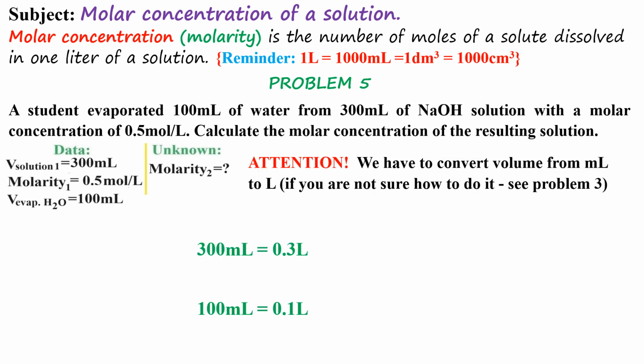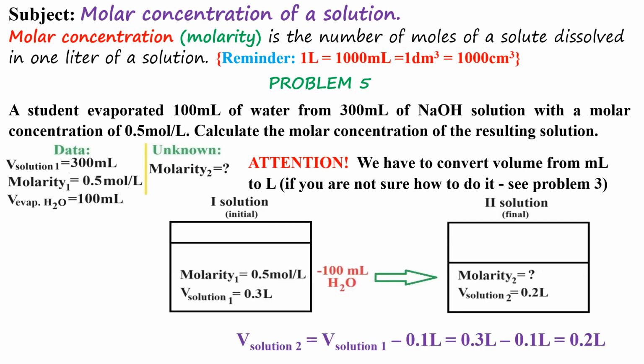Our data shows that we have to convert the volume from milliliters to liters. So 300 milliliters equals 0.3 liters and 100 milliliters equals 0.1 liter. Let's represent this with the help of the drawing. In the beginning, we have an initial solution in a glass dish with a volume of 0.3 liter and molarity 0.5 mol per liter.